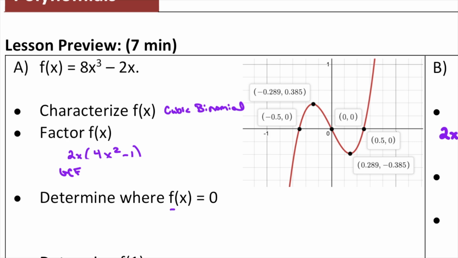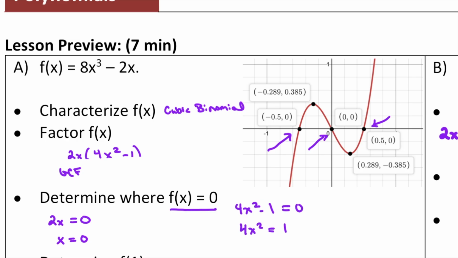Now, we want to determine where f of x is equal to 0. You can see that there are 1, 2, 3 answers. So 3 answers, let's see if we can find them. We'll take 2x and set it equal to 0. That tells us x is 0. Our other factor is 4x squared minus 1. When that equals 0, we get 4x squared equals 1.